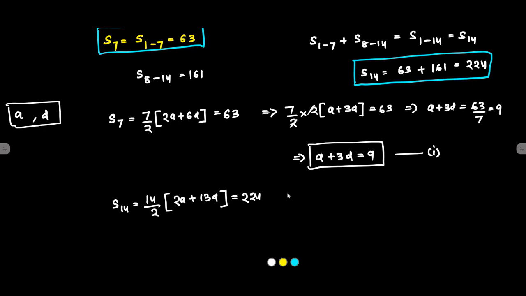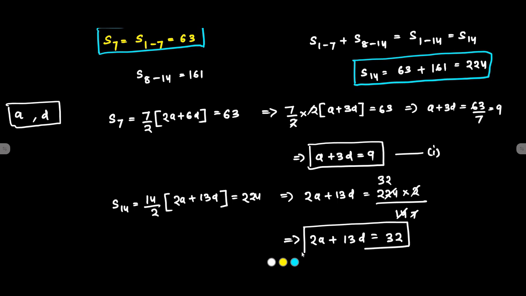That implies 2a plus 13d is equal to 224 into 2 by 14, which is 32. So we have the next equation, 2a plus 13d is equal to 32.